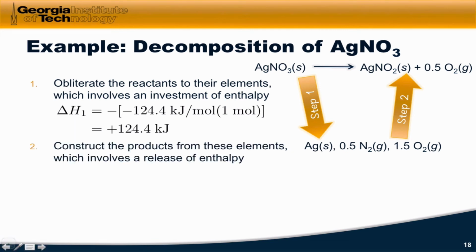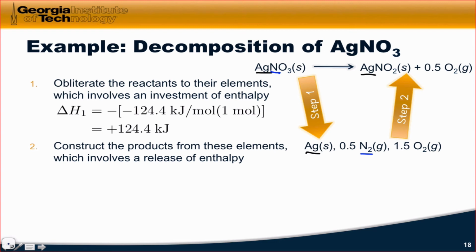Next step, construct the products from these elements. And let's just survey the elements really quickly to make sure that there's mass balance here. So breaking down AgNO3, we get 1 mole of Ag from the 1 mole of silver built into this compound. We have 1 mole of Ag in the products, so that's balanced. We get half a mole of N2, because 1 nitrogen atom comes from AgNO3, and N2, the elemental form, has 2 nitrogen atoms.